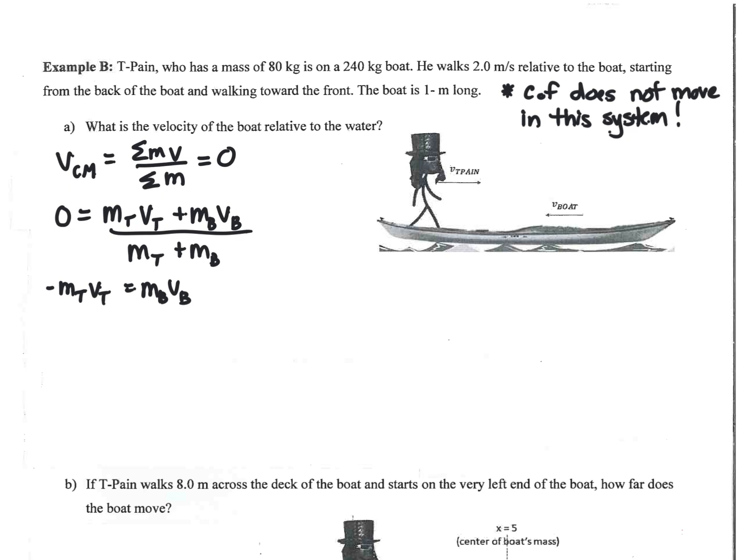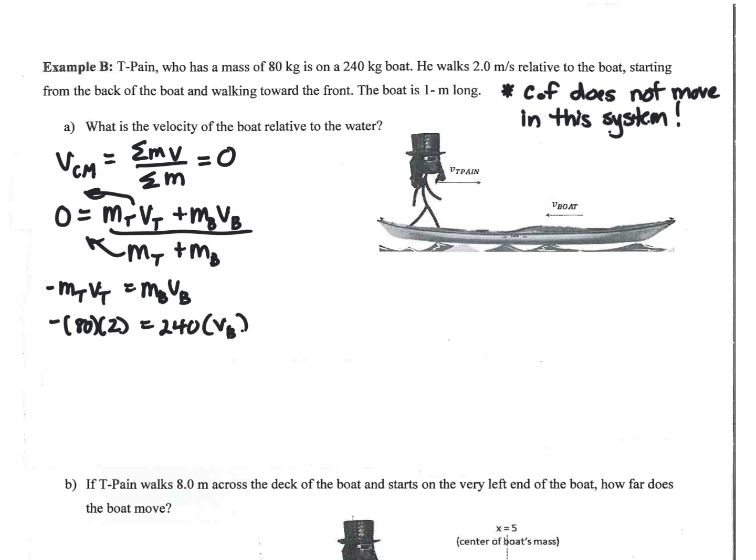We cross multiply this and it's 0, and then we bring this over. So let's fill in. Mass of T-Pain is 80, he's moving at 2. Mass of the boat is 240, and we want to know what the velocity of the boat is.